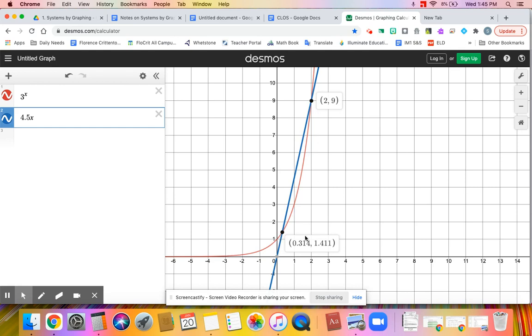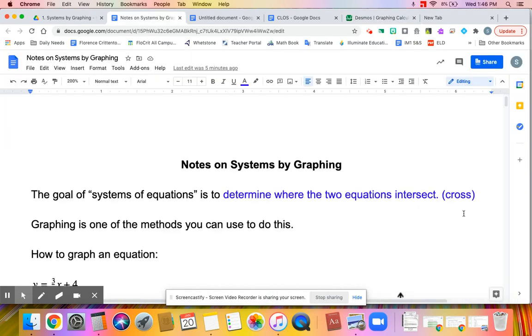Both animals, at the same amount of time, had the same weight. If you were asked to solve a system like this, that's what the solutions would represent, because it was about how many days have passed and how much each pet weighed. So the solution to a system of equations tells you when both situations have the same answer.